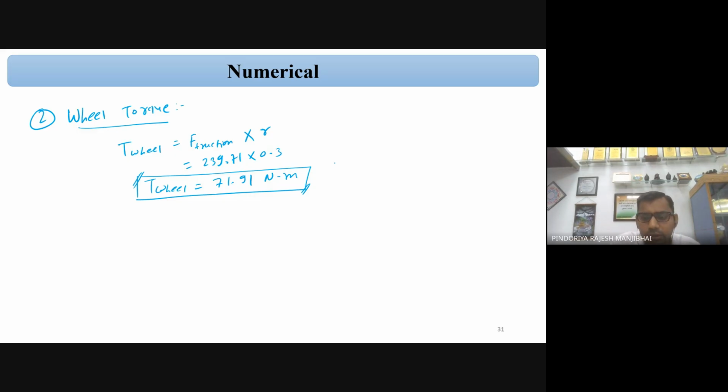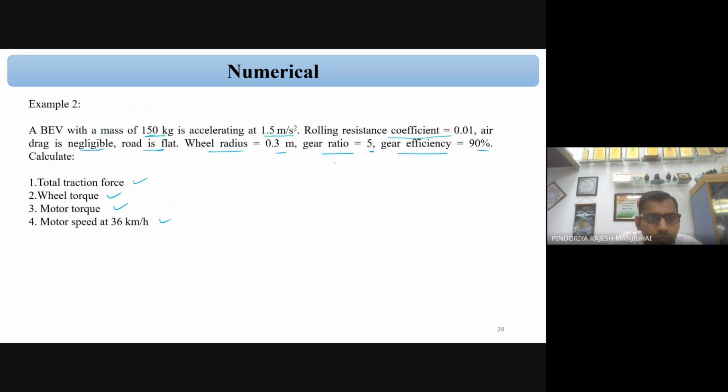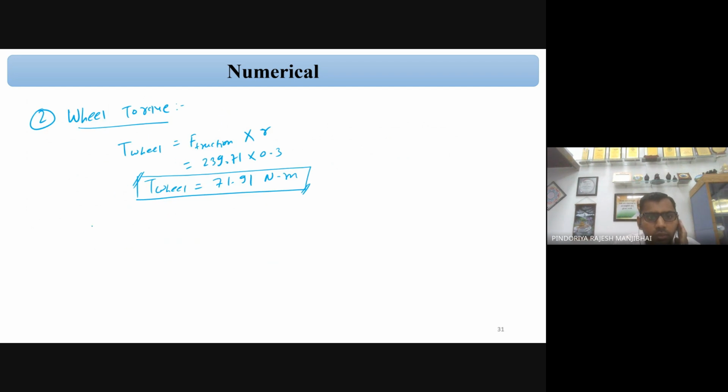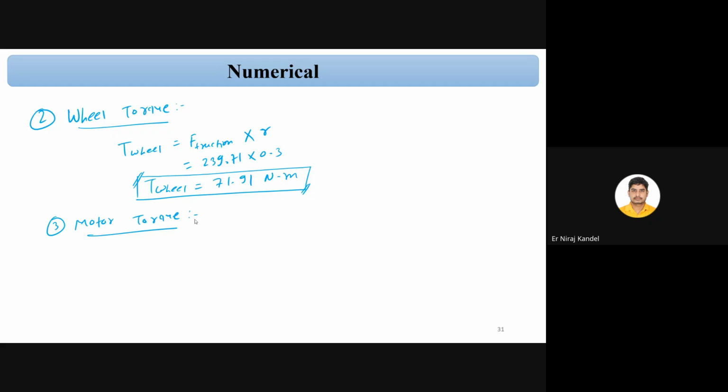Third parameter, motor torque. How can we calculate the motor torque? From efficiency and gear ratio.